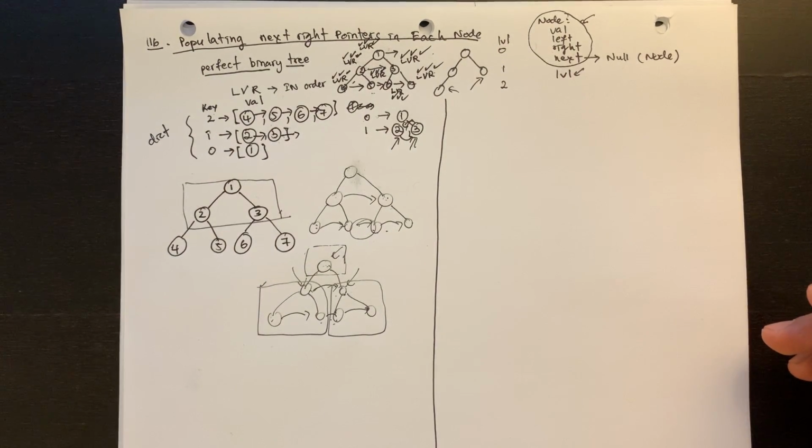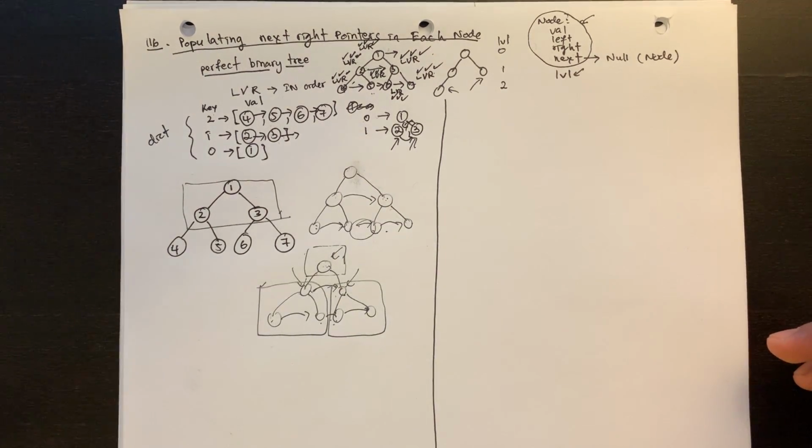Recursive approach is fine. You may assume implicit stack space does not count as extra space. So we are using recursion right now.